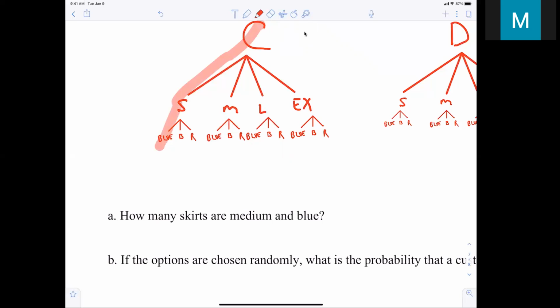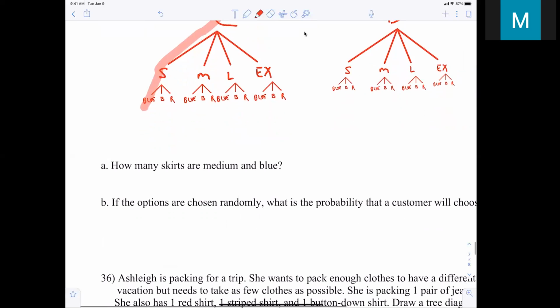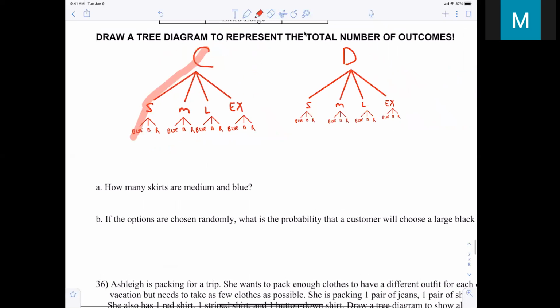And then CM blue, CM black, CM red, CL blue, CL black, CL red. Does everybody see that, right? That wasn't bad. Everybody good? Any issues?